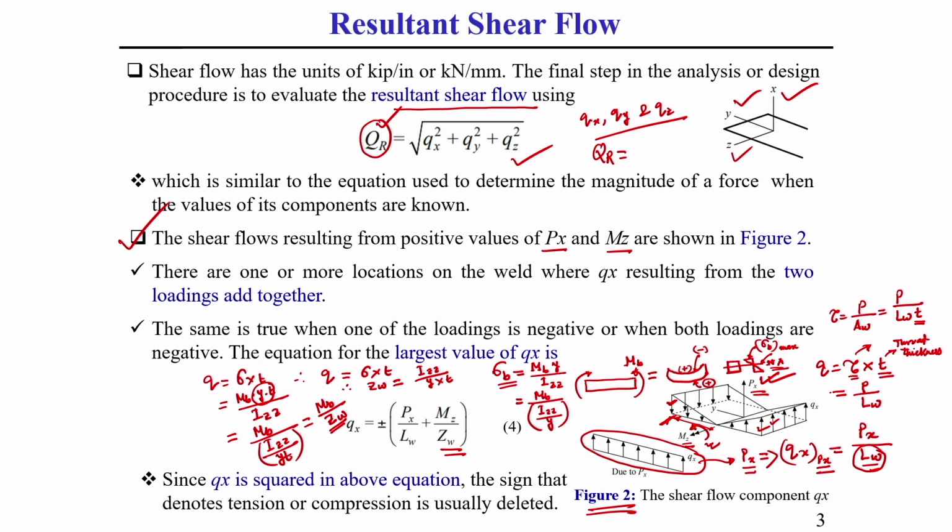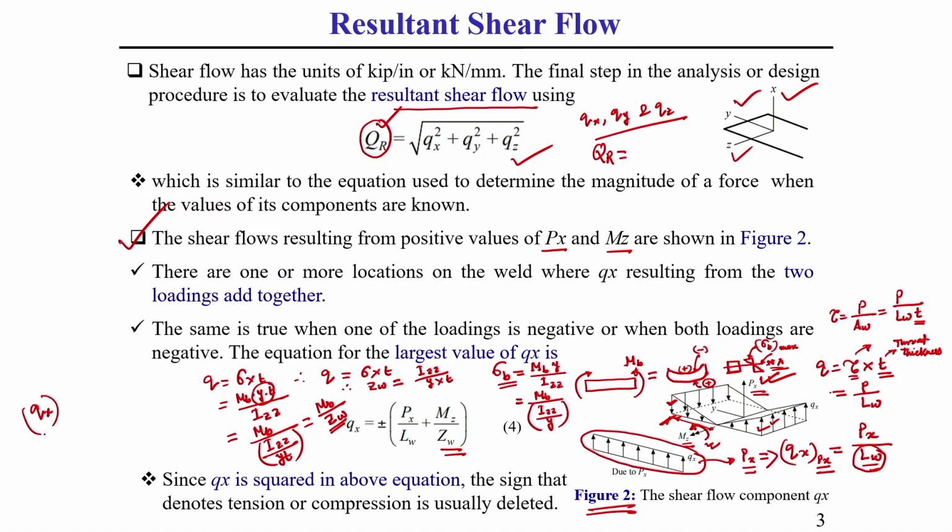Now, for finding the resultant Qx due to the combination of Px and Mb, or Mz, you need to add the shear flow components which act along the direction of x only.